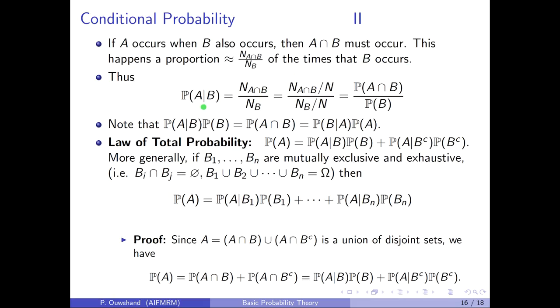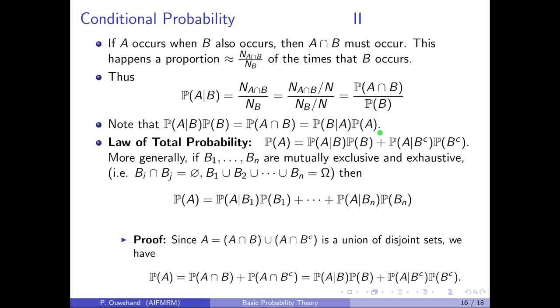Thus, the probability of A given B is equal to N sub A intersection B divided by N sub B. This is the same as N sub A intersection B divided by N, over N sub B divided by N. At the top here, we just have the probability of A intersection B, and at the bottom, we have the probability of B. And thus we define the probability of A given B as the probability of A intersection B divided by the probability of B. Now notice that if we multiply through by the probability of B, then we obtain that the probability of A given B times the probability of B is equal to the probability of the intersection of A and B. And by symmetry, that will be the same as the probability of B given A times the probability of A.